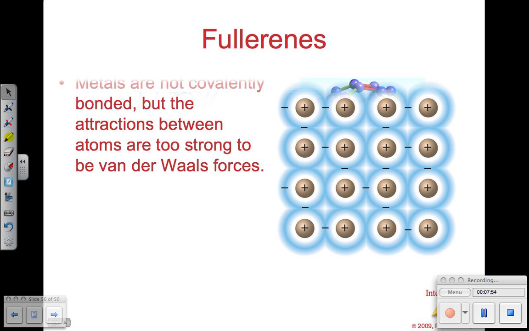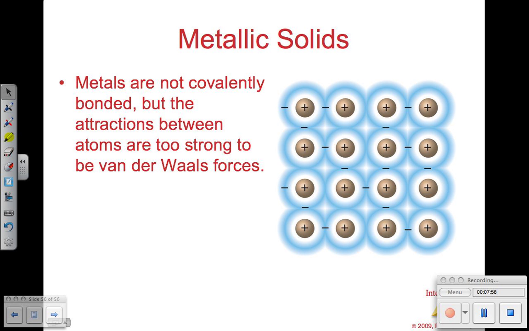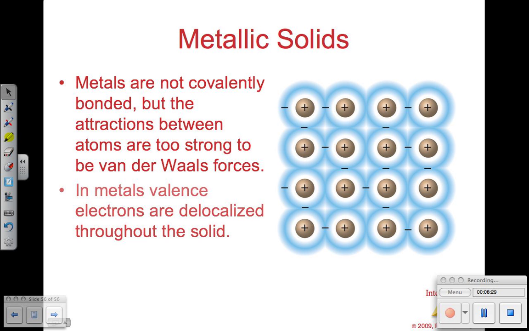Okay, and then we have the idea of metallic solids. Metals aren't technically covalently bonded to one another, but they do have stronger forces than your typical van der Waals force, like hydrogen bonding. The reason they have this stronger attraction to one another is that when you have solid metal, you have the metal atoms, but the outer electrons tend to be what are called delocalized.